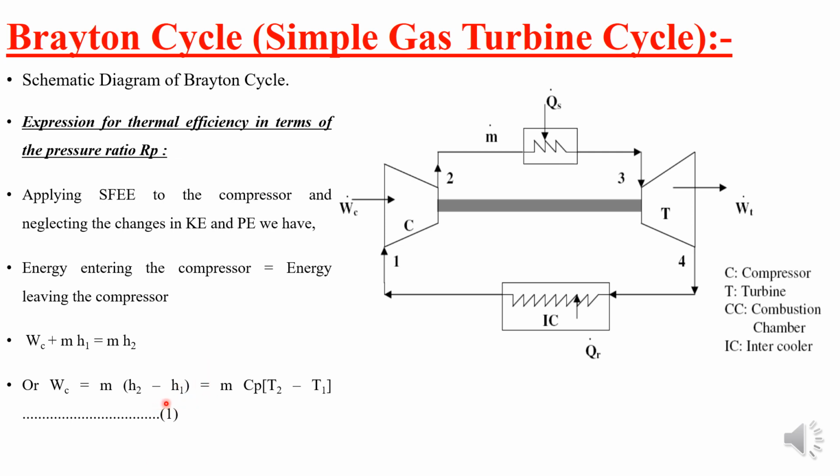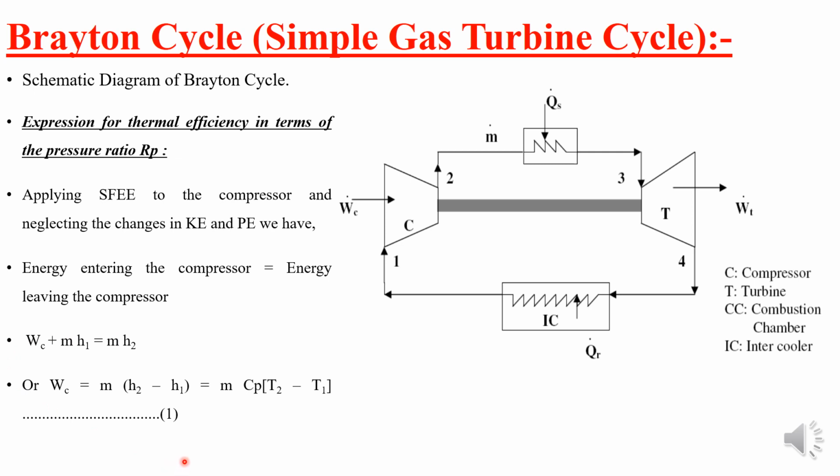You can write this enthalpy term in terms of temperature, that is H2 is nothing but Cp times T2. Similarly H1 is nothing but Cp times T1. So you substitute that in place of H1 and H2, and what you will get is WC equals M into Cp, which is common so you can take it outside, times T2 minus T1. So this is the equation you will get for the compressor.